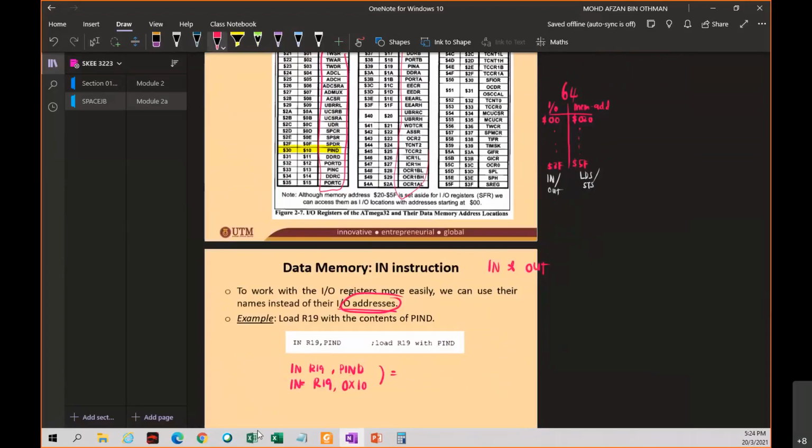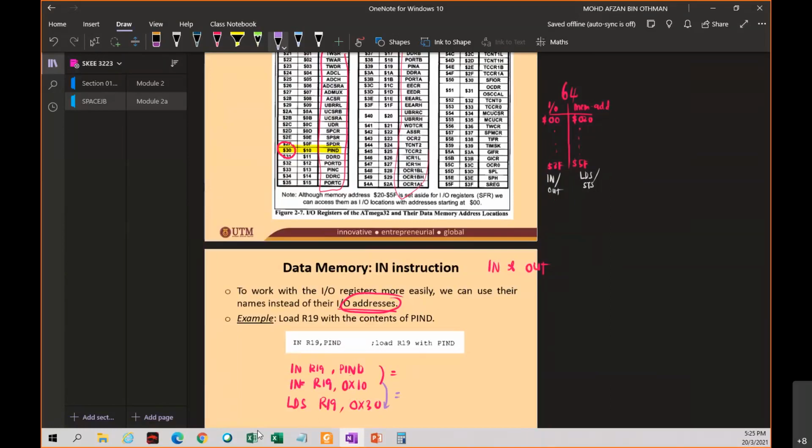Okay, so this is similar lah. Kamu tak nak pakai in instruction, kamu nak pakai LDS instruction pun boleh. So you just simply write LDS R19. But now we need to refer to the data memory, this memory address, 0x30. So benda yang sama. Okay, so in R19, PIND, tanpa ingat address dia, kita just use the name.